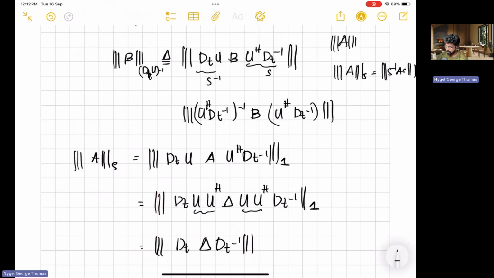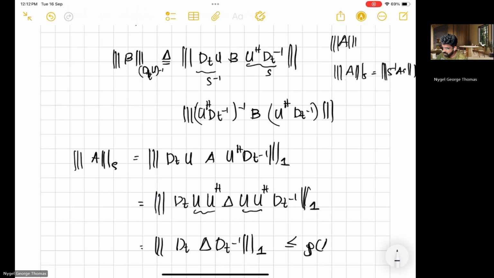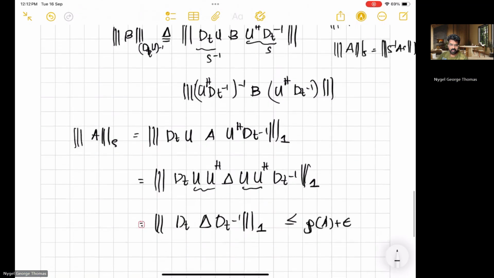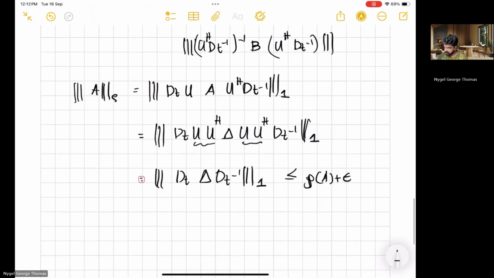Let's take the maximum column sum norm. We've already proved this is less than or equal to rho of A plus epsilon.